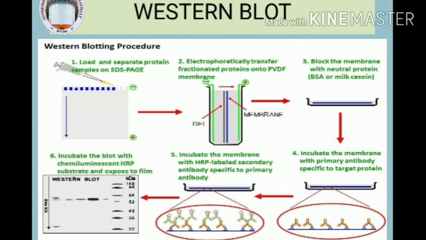After washing to remove the unbound antibody, the membrane is treated with the secondary antibody specific to the primary antibody. The secondary antibody is conjugated to the enzyme. Enzyme labeled anti-human immunoglobulin antibody is added and incubated for some time.